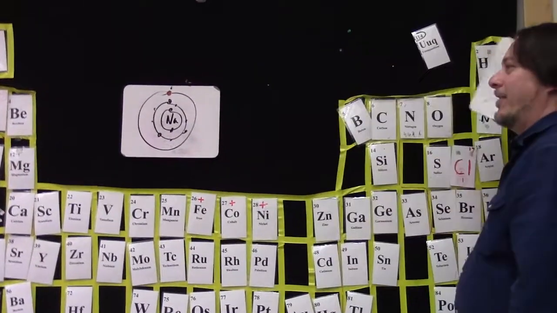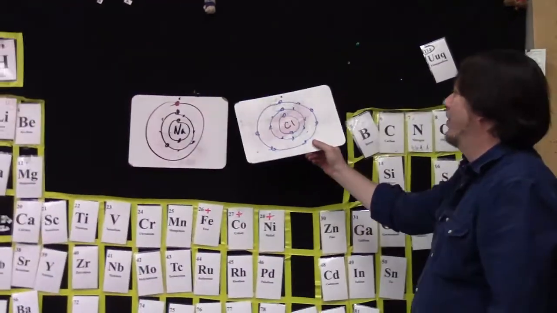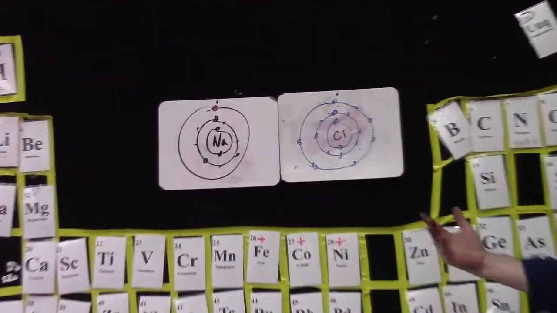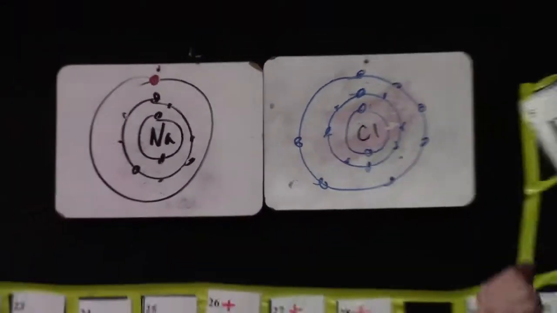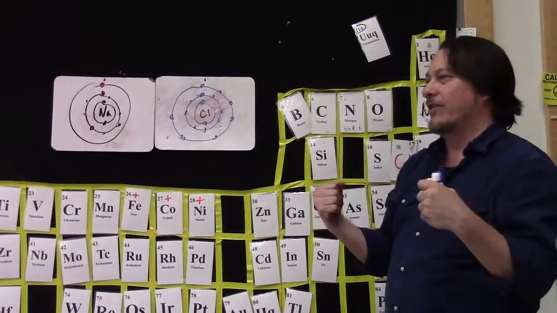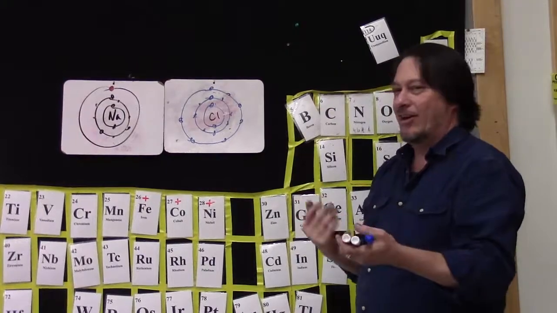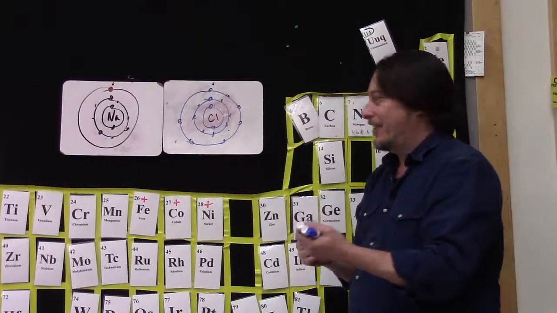Once upon a time, chlorine went to a party and it ran into sodium, and they bump into each other, because that's how chemical reactions actually happen, when atoms run into each other in just the right way. And chlorine's like, hey, nice electron.